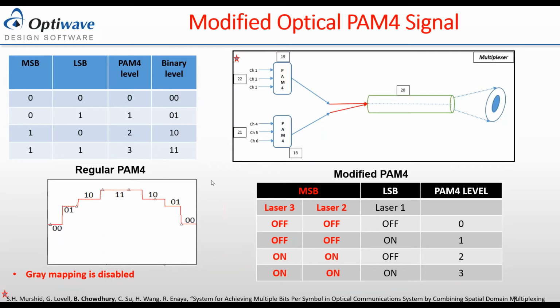One more thing we got to pay attention to. In a standard PAM4 scheme, one laser diode is used to create four levels, right? 0, 1, 2, and 3. So look at my signal to noise ratio. My best case scenario, my signal level is A, or A by 3.